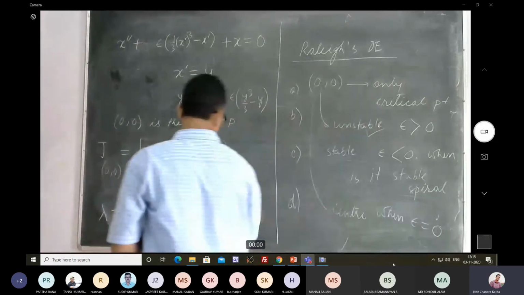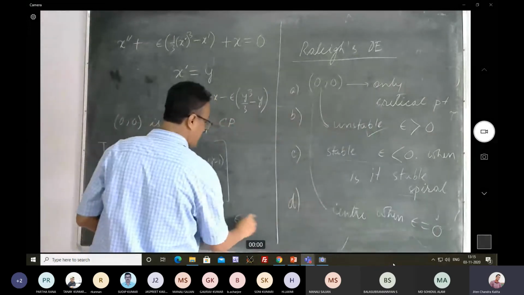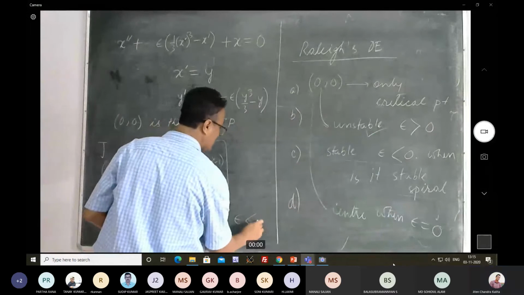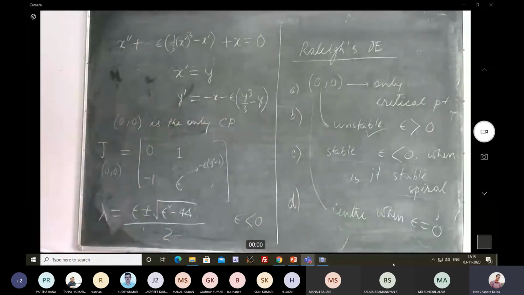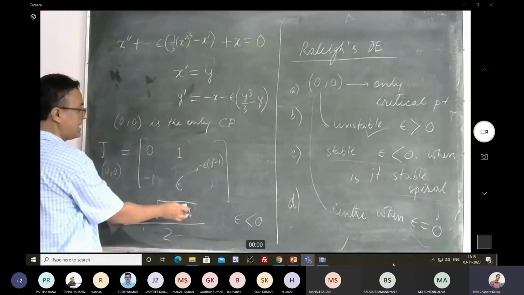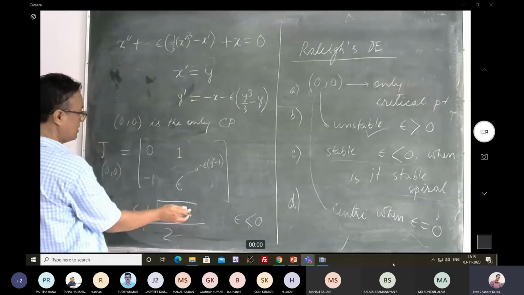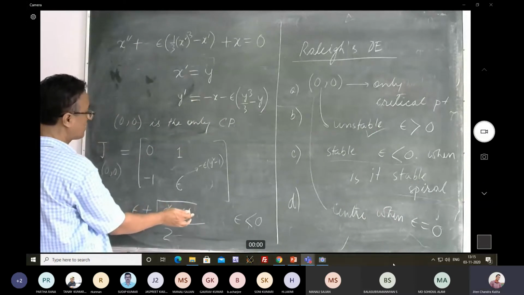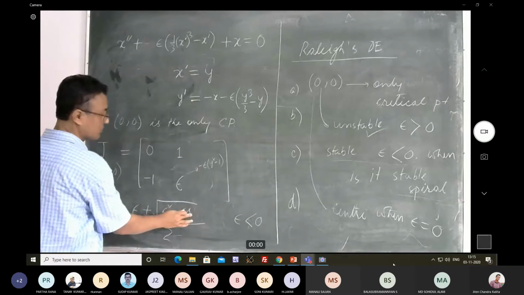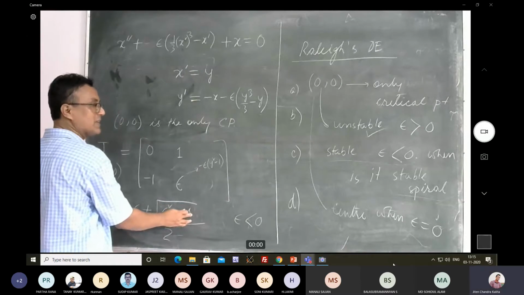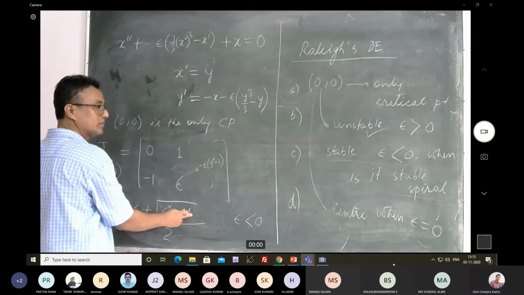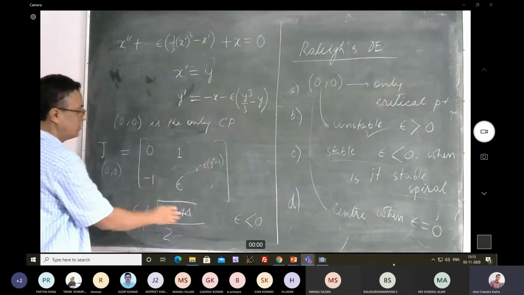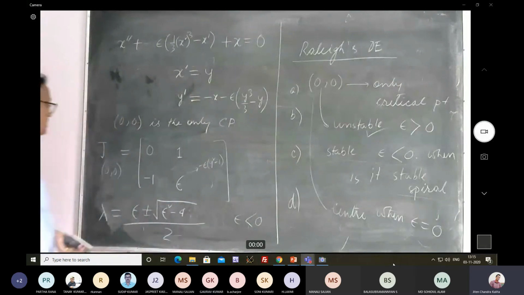In the second case, if tau is less than 0, and again your delta is what? Simply 1. Delta is simply 1. So this lambda is going to be given by this.